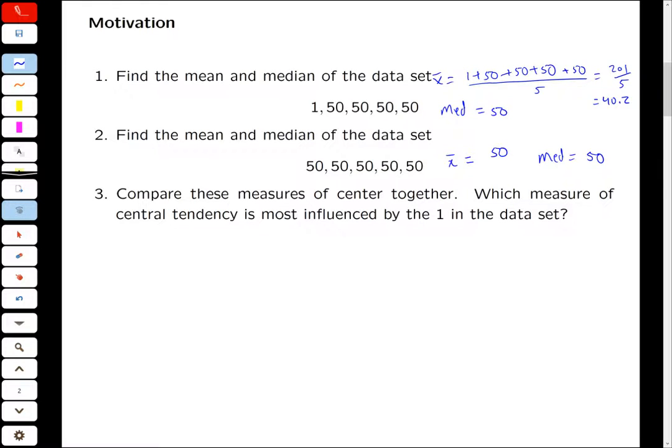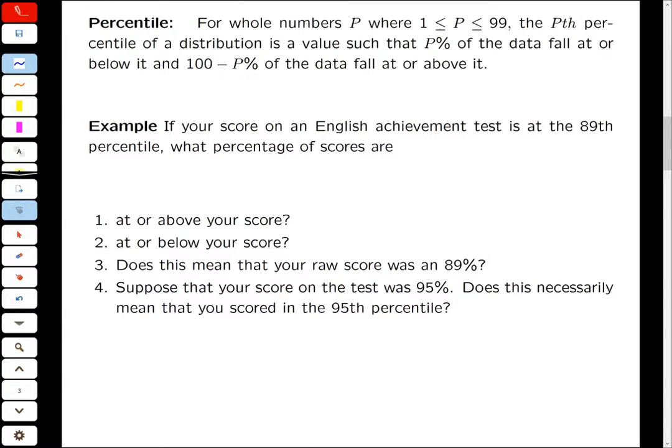The 1 is very small in comparison to the 50. That relative position is very small. We want to have a way of showing that visually, and we're going to be doing what we call box and whisker plots to show that. Be able to see very quickly where all your data lies and if you have wide spreads in your data.